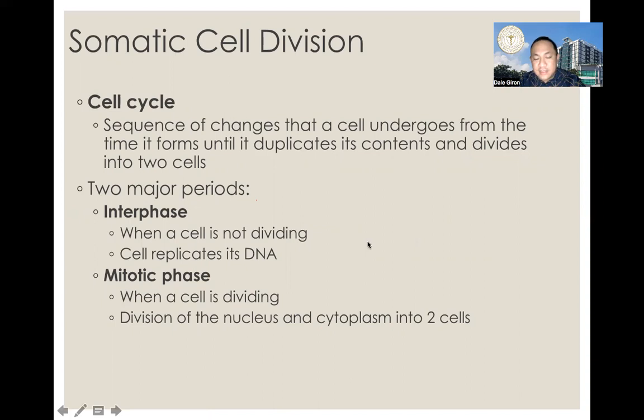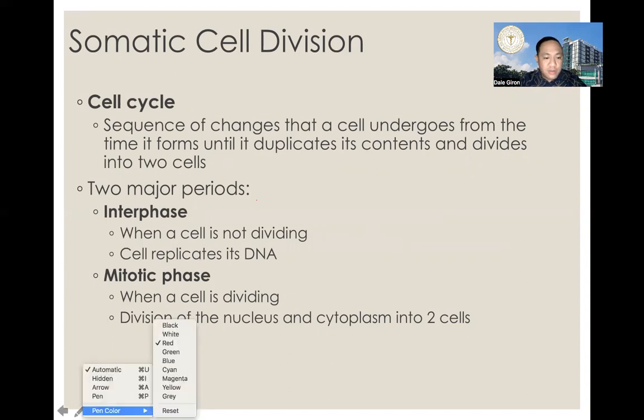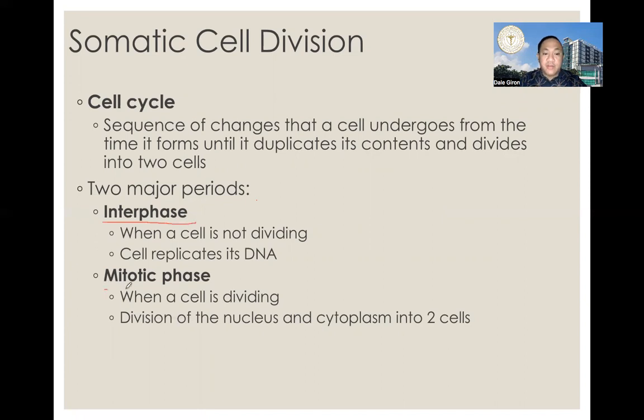Thus, in the cell cycle, there is a sequence of changes that a cell undergoes from the time it forms until it duplicates its contents and divides again into two cells. So it's a process until a reproduction happens. There are two major periods in the somatic cell division: interphase and mitotic phase.